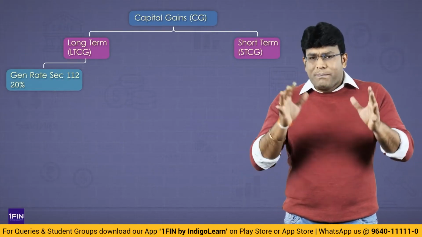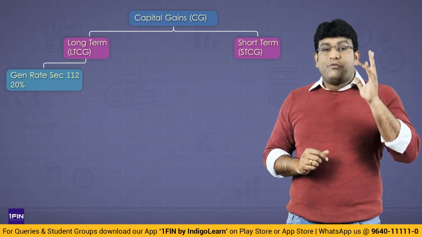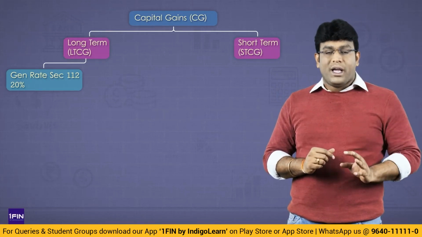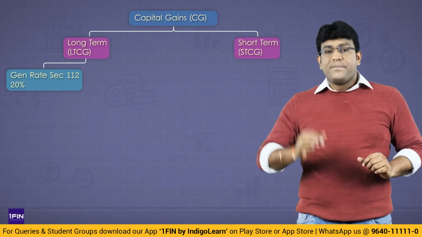But there is one special case in long-term capital gain, which is extremely important and a very, very powerful concept. High probability that a question will come in the examination. Listen very clearly, guys.